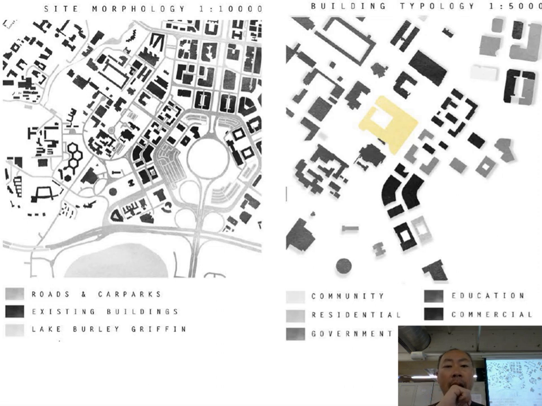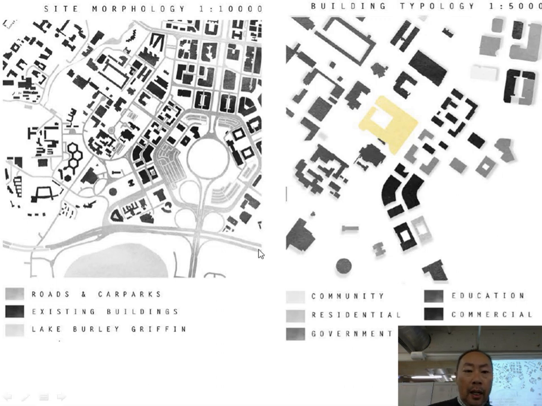And it's generally an urban type project. So you can see this one is in the center of Canberra. This is a good thing to show you guys, because it's showing you what a good version of what's going to happen next semester is, so you can start working towards that.